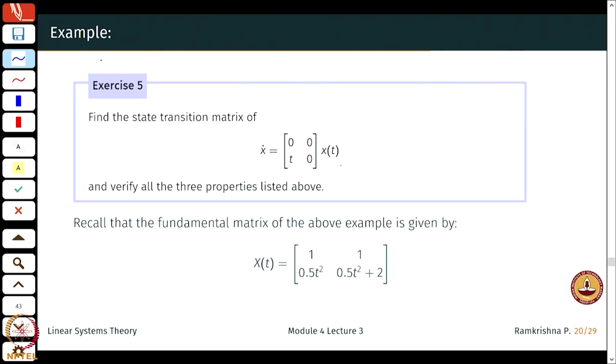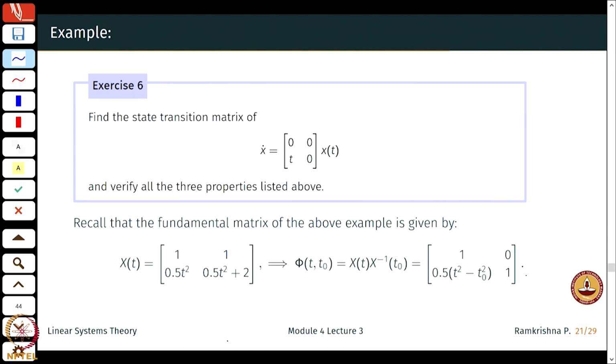As an illustration, let us recollect the example that we started with, where x dot was [0 0; 0 t] x(t), and we wish to find the state transition matrix of the time varying system given by this A matrix. We earlier computed the fundamental matrix to be of this form a couple of slides ago.